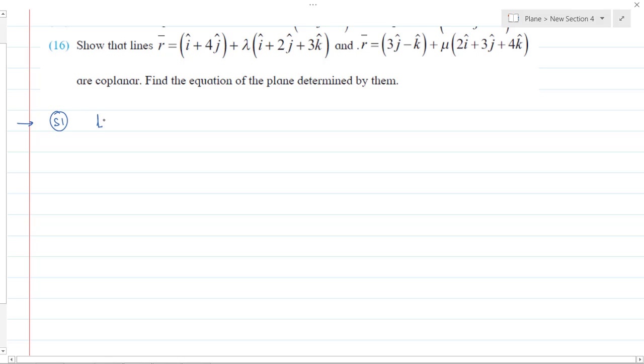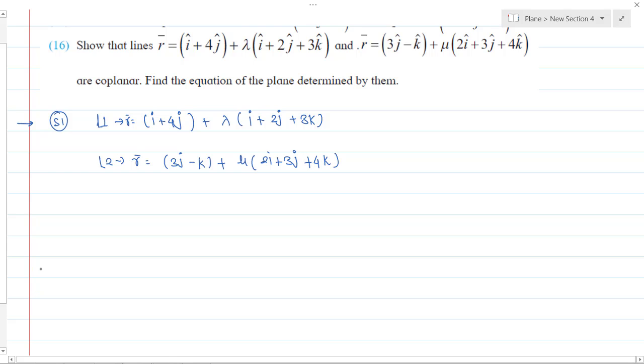Line number 1 is r bar equals i plus 4j plus lambda into (i plus 2j plus 3k), and line number 2 is r bar equals 3j minus k plus mu into (2i plus 3j plus 4k).